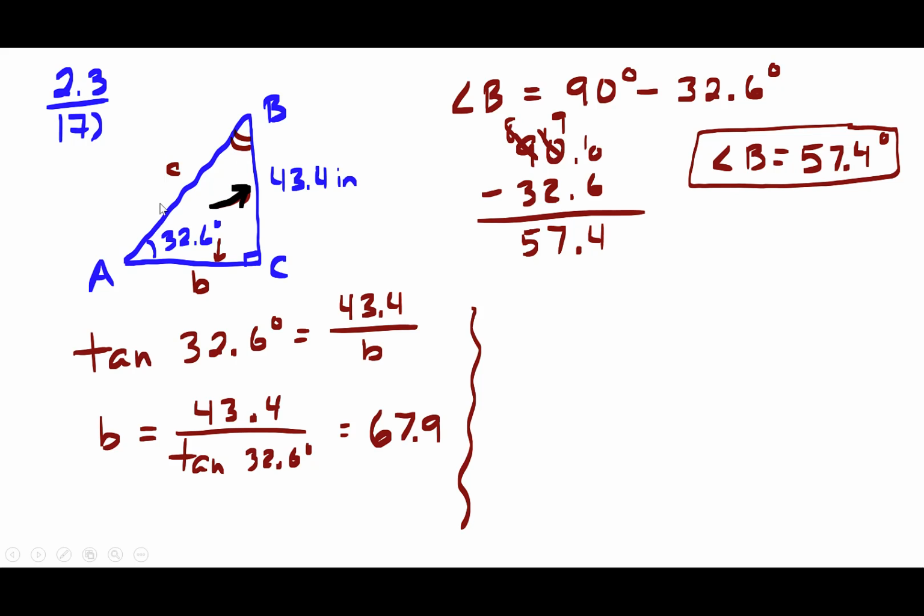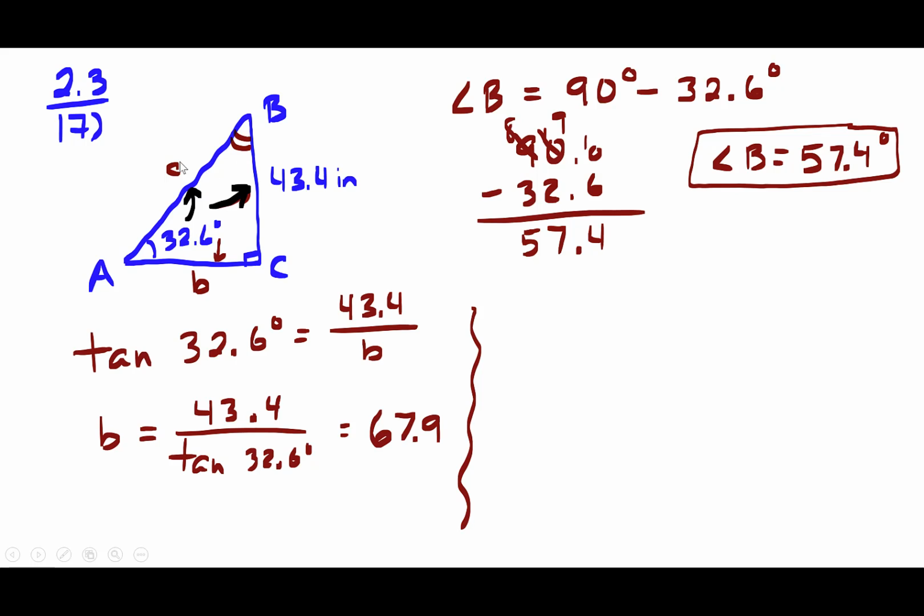Alright, then we have another relationship here. Now, if you want to, you could do the Pythagorean theorem right now with 43.4 and the 67.9, but again you just might get some error. So we normally like to keep with the things we know or were given. We're given the angle measurement and the opposite side, trying to get to the hypotenuse.